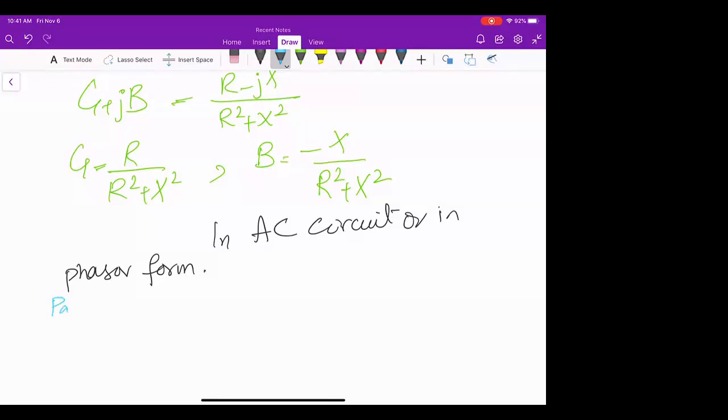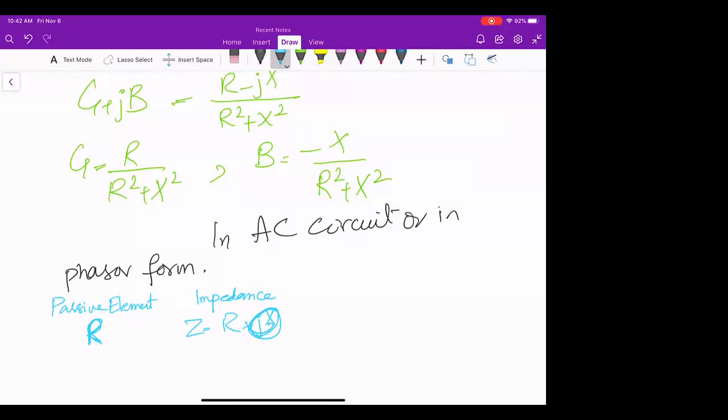So if this is my passive element, and this is the impedance. If there is only a resistor in the circuit, the passive element is a resistor, and my impedance will be only R, because the plus jX is 0.